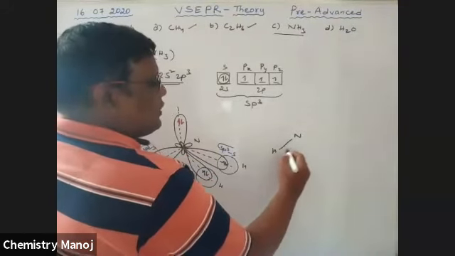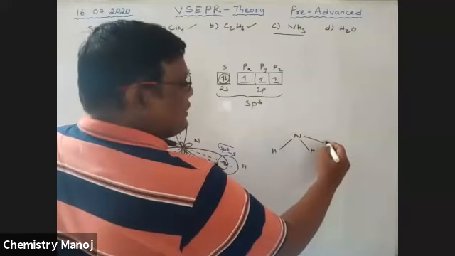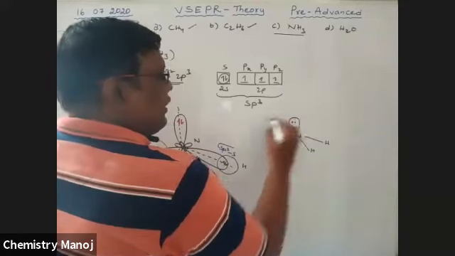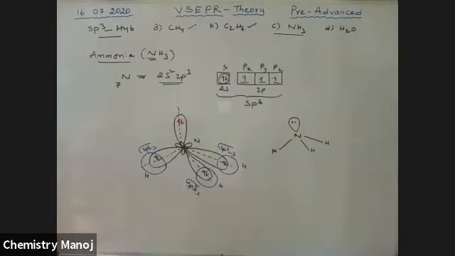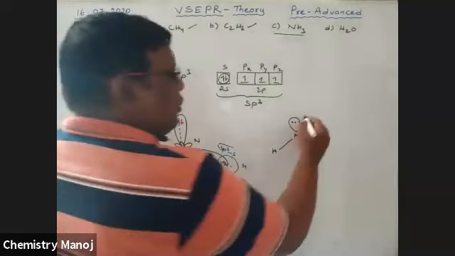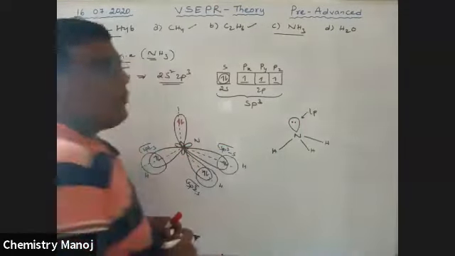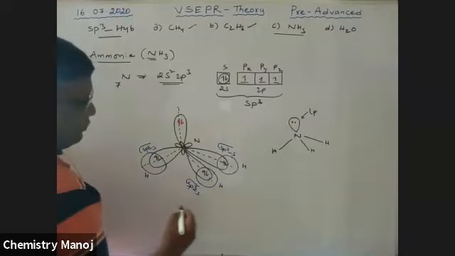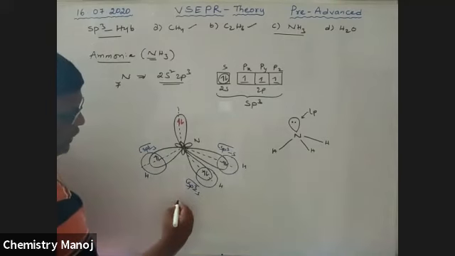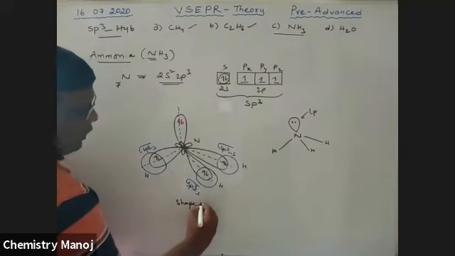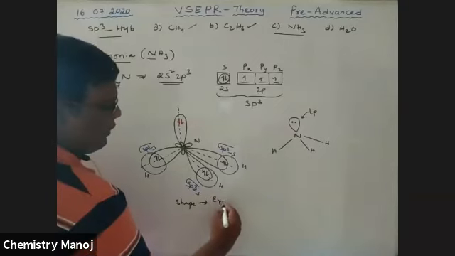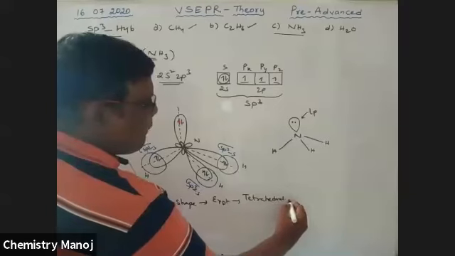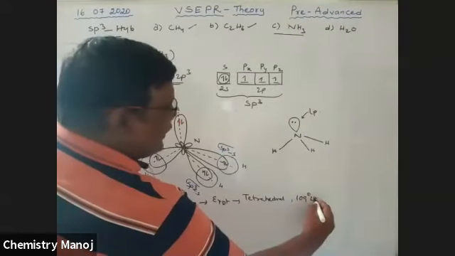So nitrogen is bonded with three hydrogens like this, but one orbital has a pair of electrons with no bond formation. So this pair is called a lone pair of electrons. We expected the shape of ammonia to be tetrahedral with bond angle 109 degrees 28 minutes.